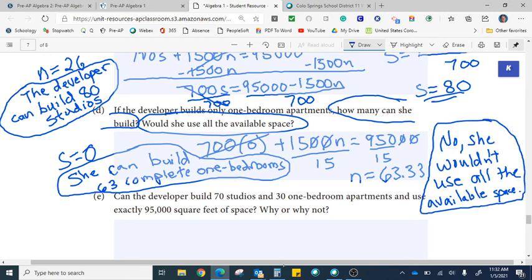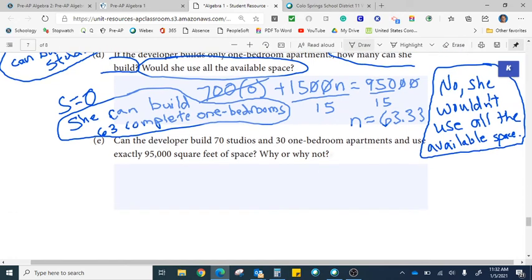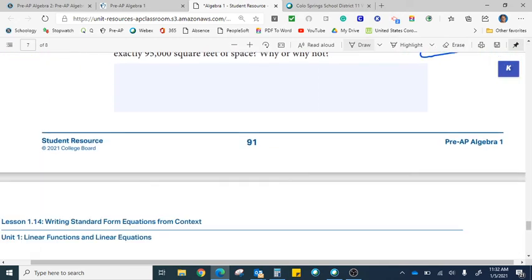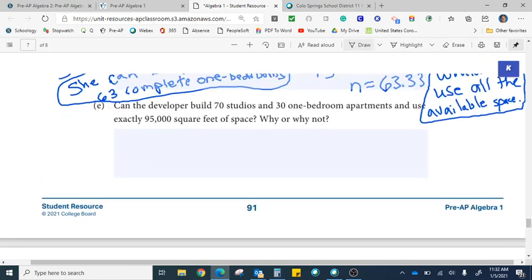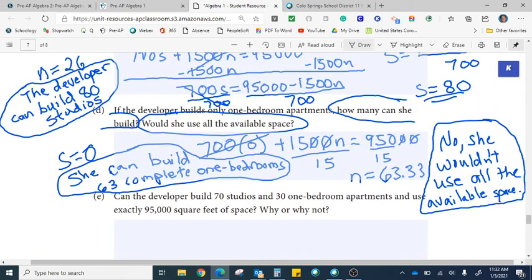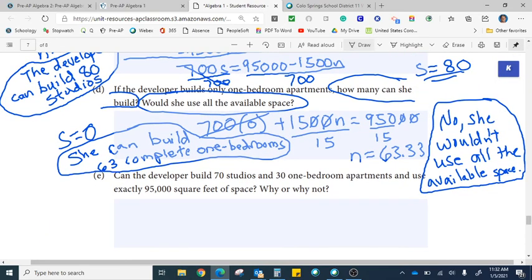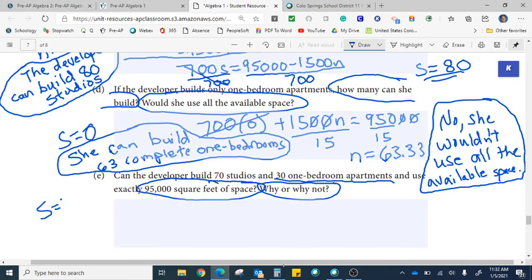Okay. All right. So now, let's see, we got E left, and that's it. And then you guys can do D on your own, okay? So for this one here, it says, can the developer build 70 studios and 30 one-bedroom apartments and use 95,000 square feet? Why or why not? Okay, so two questions. I got to answer both of them. All right, so S is going to equal 70.